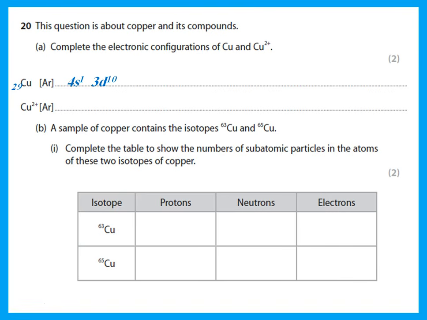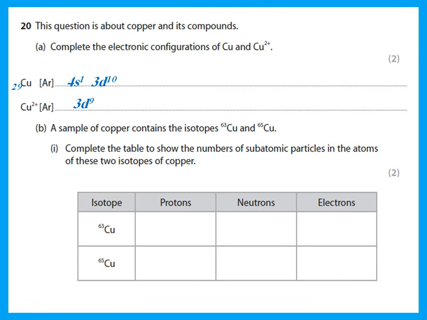So instead of saying 4s2 3d9, I should say 4s1 3d10. In that case, the 4s is half filled, that is stable, and the 3d is completely filled, so that is stable. What if I have copper 2+? Copper 2+ means I will be losing 2 electrons. So the electron in the 4s is lost, and I'm left with 3d9.